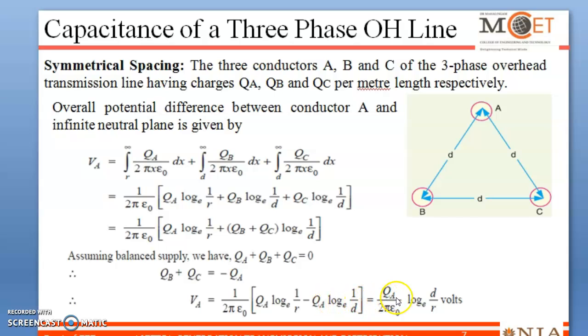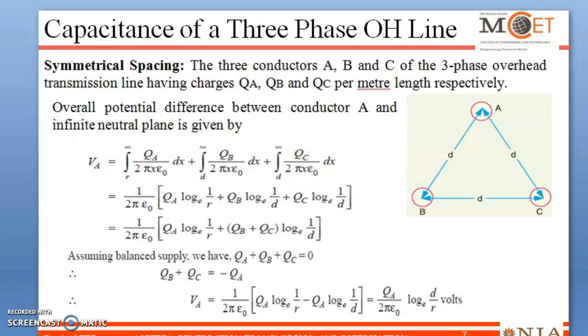So the final value is QA divided by 2 pi epsilon naught times log e 1 by R minus log e 1 by D. In logarithmic rules, the positive value is written in the numerator and the negative value in the denominator. So the final potential difference VA is QA divided by 2 pi epsilon naught into log e D by R volts.